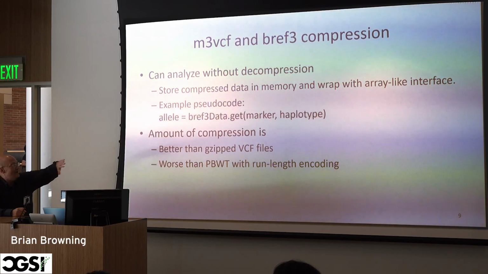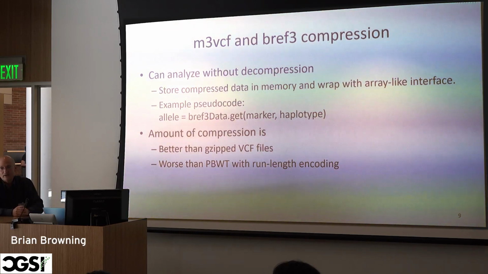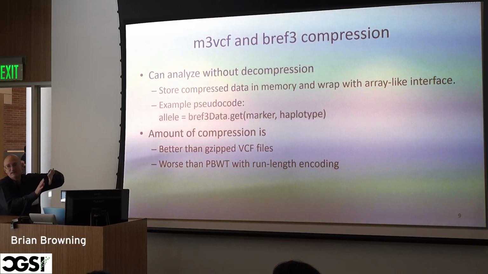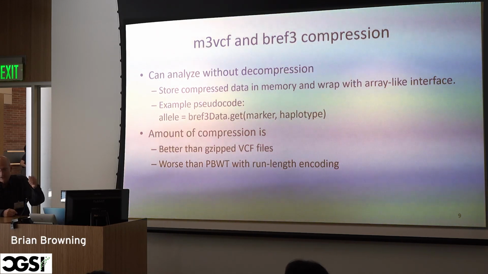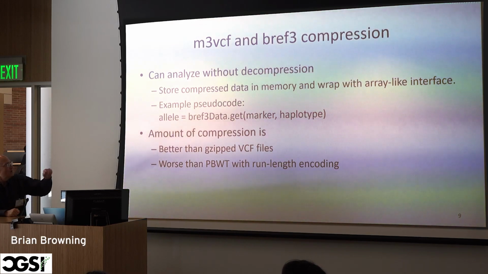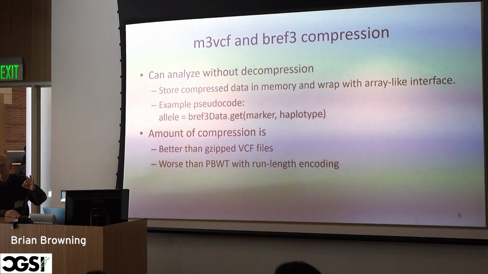You can have this as sort of a wrapper or an interface to your Bref4 data or your M3 VCF data. What's the difference? Well, if underneath it really was stored as a two-dimensional array, you'd have two array lookups. An array lookup to get to the row, and then an array lookup to get the allele on the column. Here, with Bref4 data or M3 VCF, it's typically three lookups.